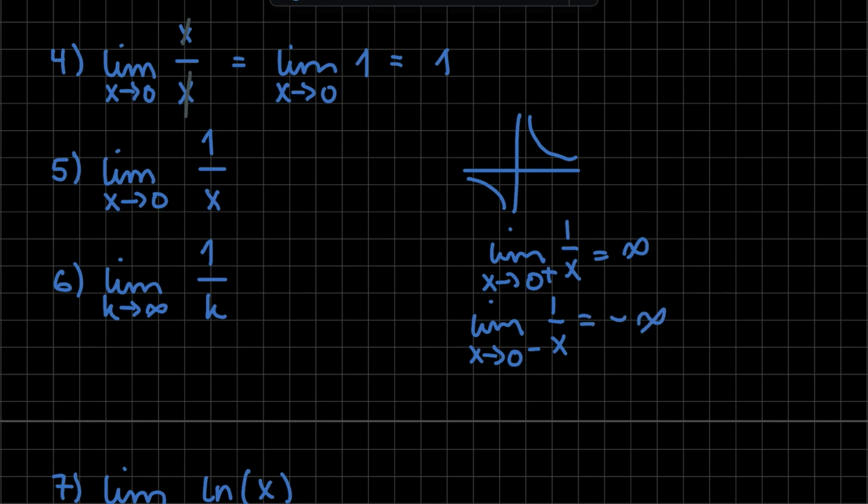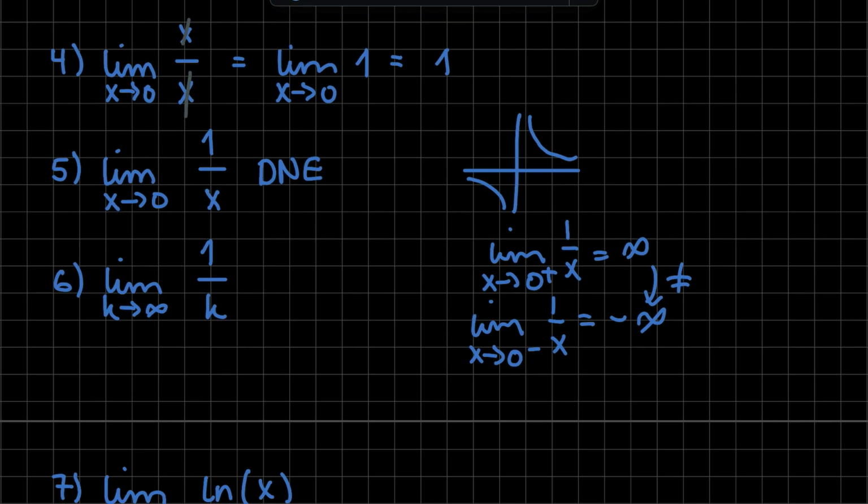And positive infinity is not equal to negative infinity. So this limit, as x tends to 0 of 1 over x, is not defined. We just say it does not exist, because the limit as x tends to 0 plus of that function and as it tends to 0 minus of that function do not converge to the same value.